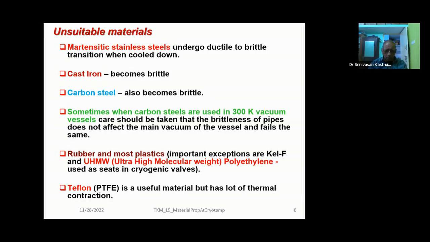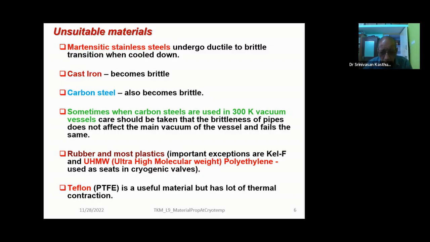For example, some of the exceptions are KLF, which is a brand name, and UHMW, ultra high molecular weight polyethylene. Some of these things are used in cryogenic seals, so they are useful for that purpose.